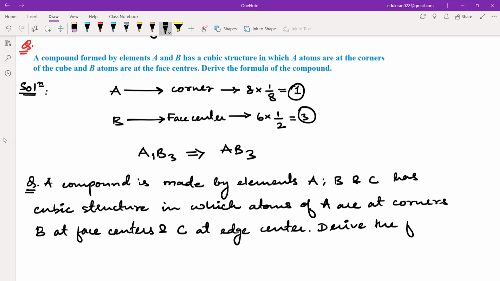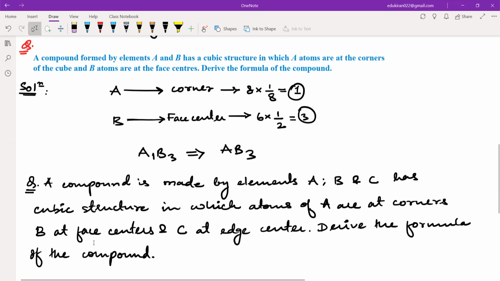Derive the formula of the compound. Okay, please write this down.